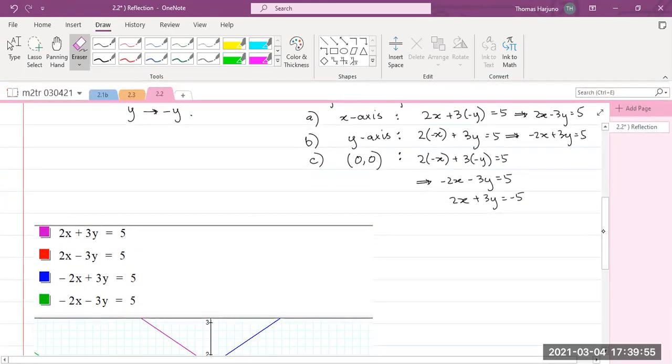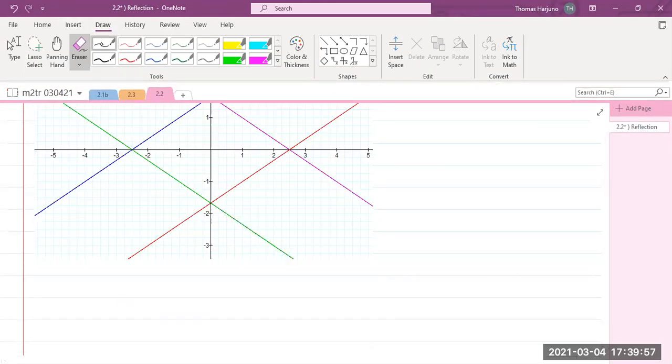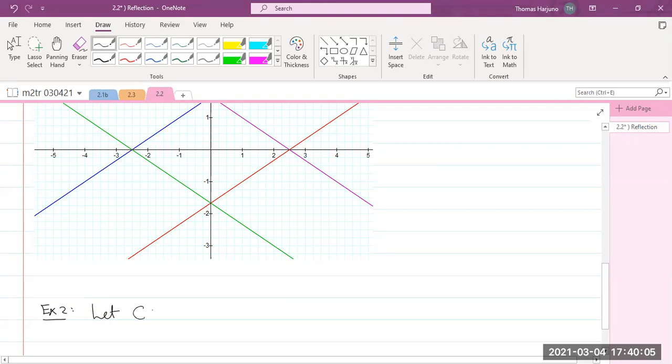What happens if we have, for example, let curve C be y equals 2x squared minus 5x plus 4.